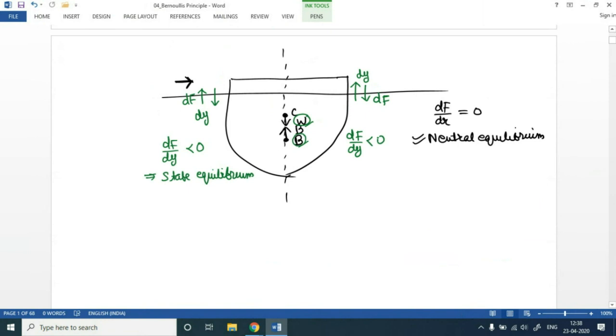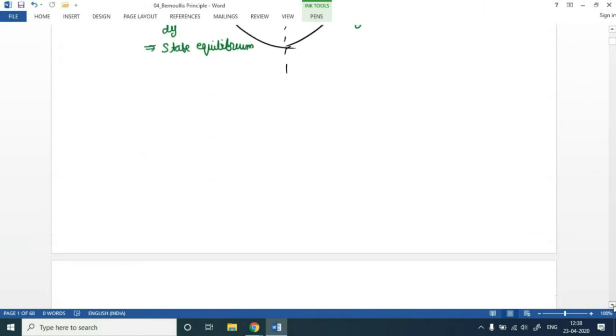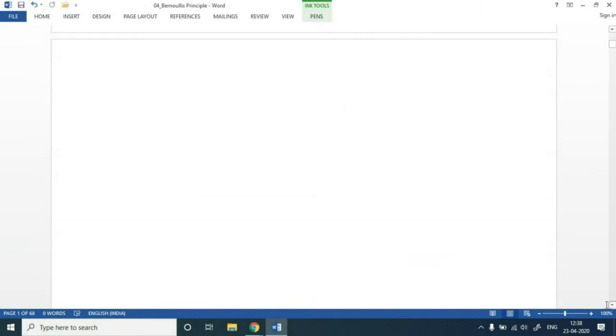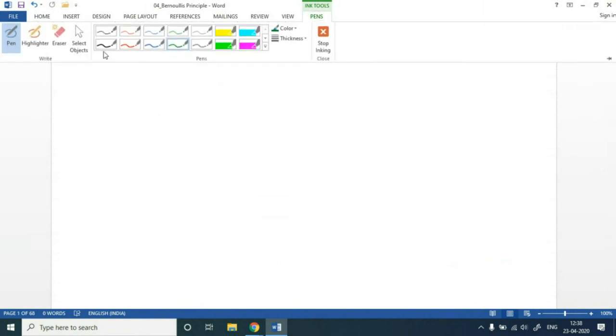So we have seen how this body behaves, whether the equilibrium is stable or unstable, if we displace it horizontally or vertically. So now let's get into the situation when we will be tilting or rotating this body. Let's have the diagram.